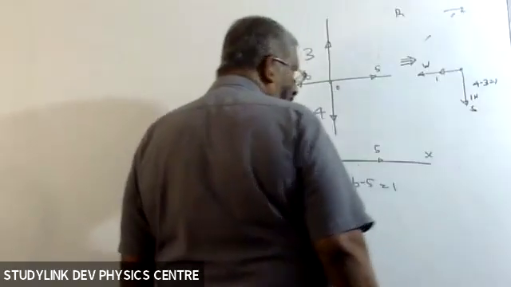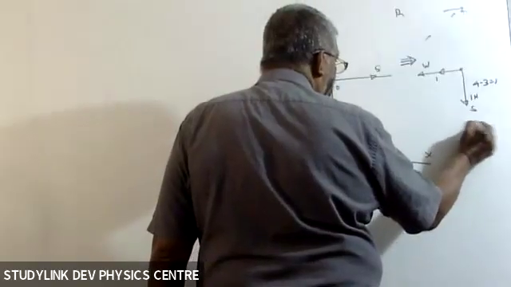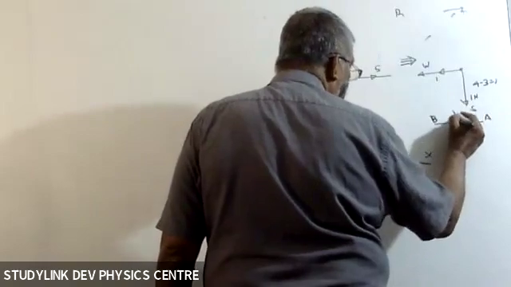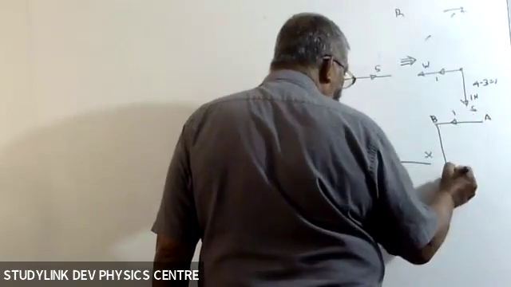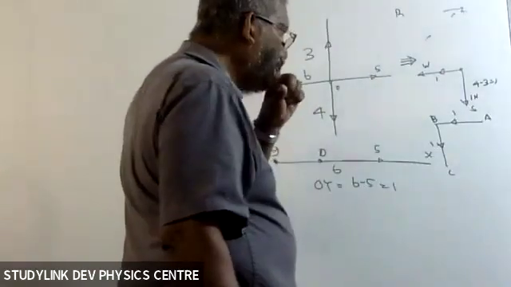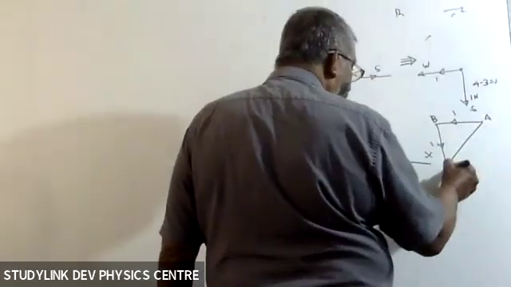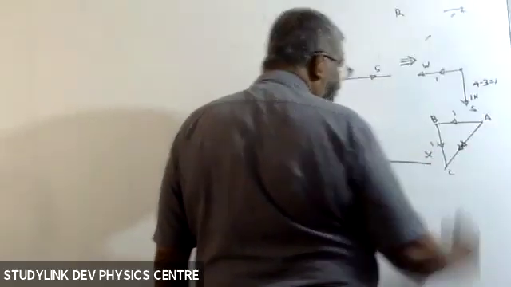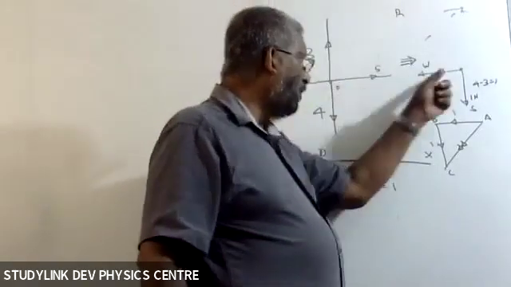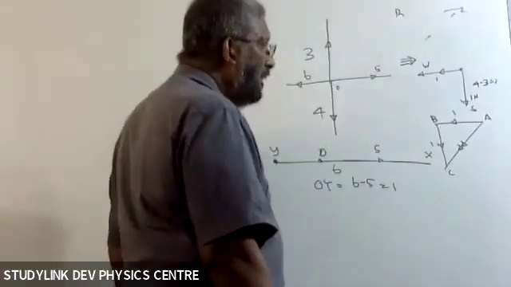To add these two, we use the vector addition theorem. A to B, value is 1. Then B to C, value is 1. Then you get the resultant towards this. We simplify according to the normal theory, using the vector triangle.